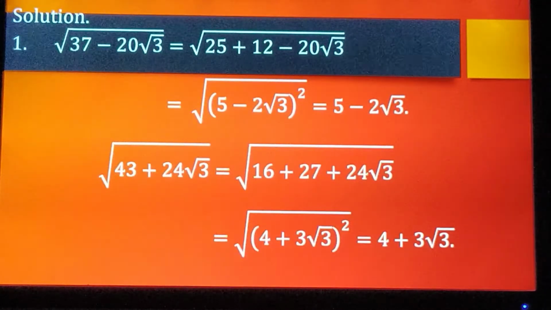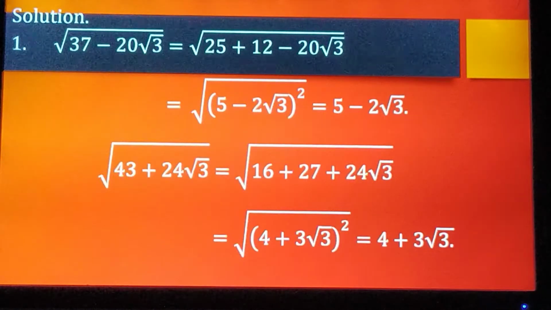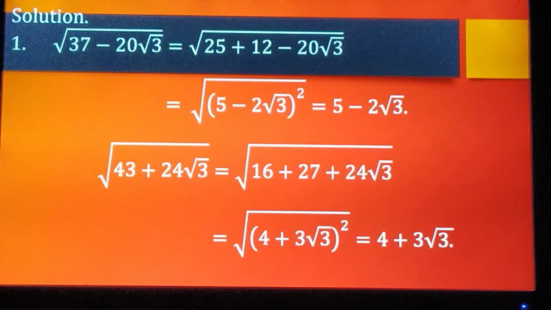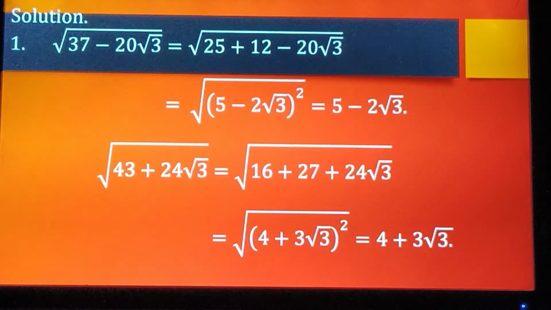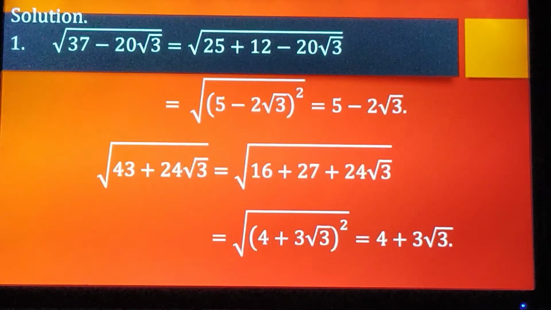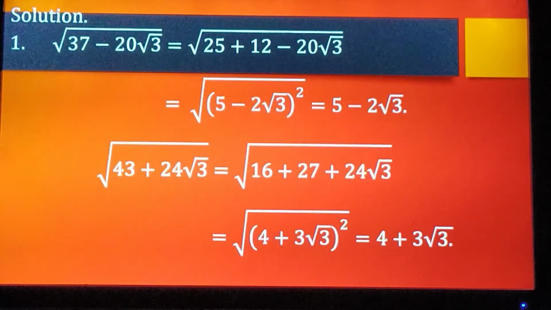So 1, 4, 9, 16, 25, and 36 are perfect squares smaller than 37. Among these choices, the correct numbers that should be added are 25 and 12, because 12 should be a square multiple of the second radicand.